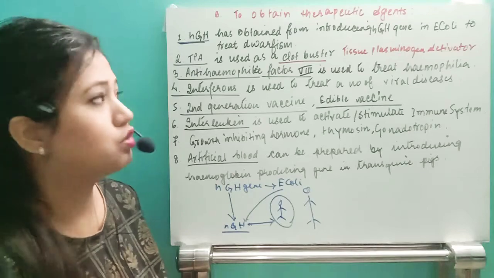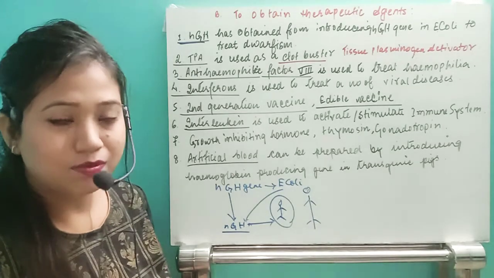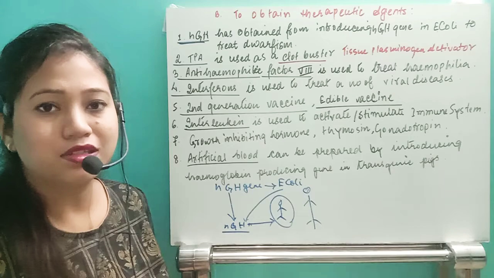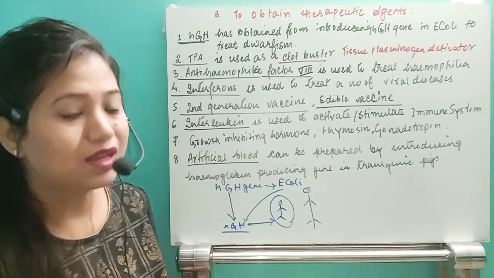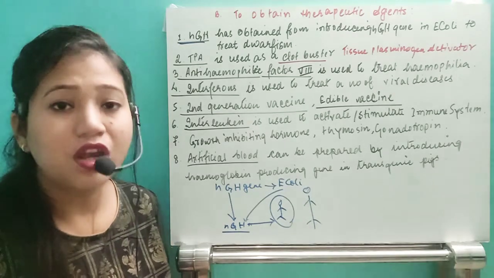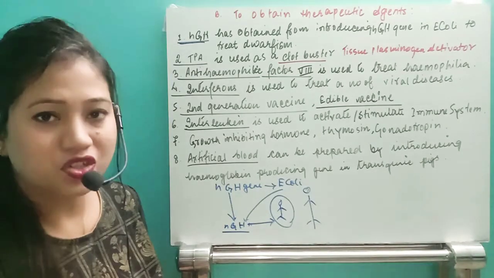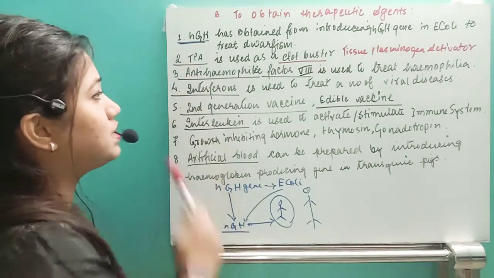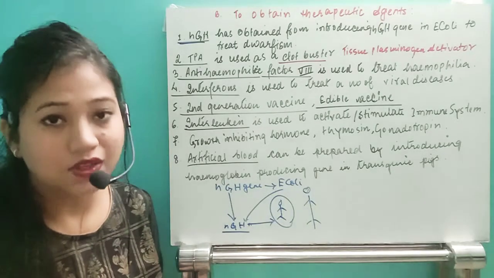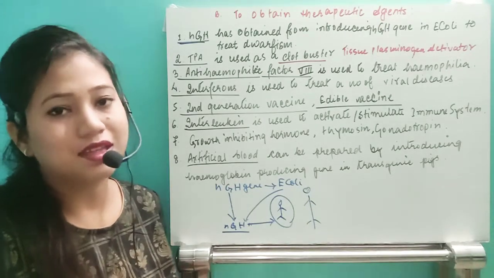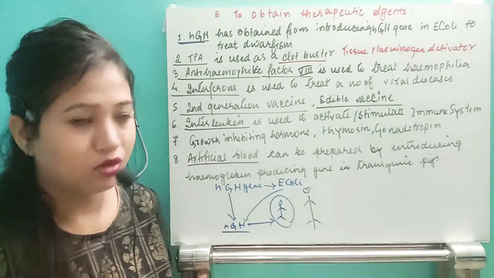In that condition, if the blood starts to clot inside the blood vessel, maybe the blood vessel will rupture and that individual can have a stroke. So in that case some injections are given that will have TPA, tissue plasminogen activator, that is also synthesized artificially with the help of biotechnology.